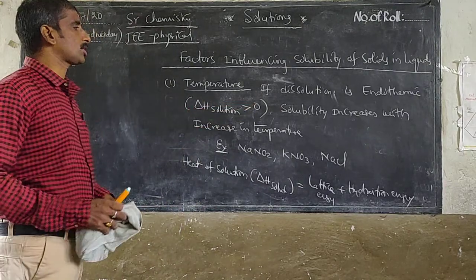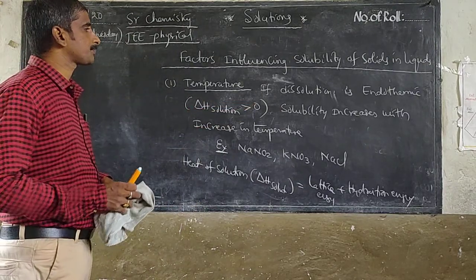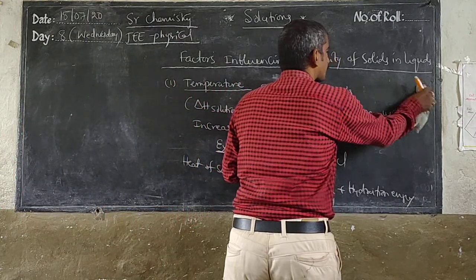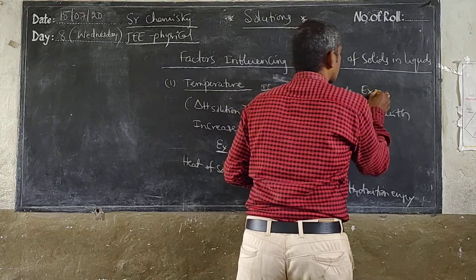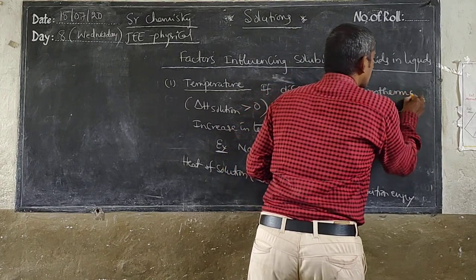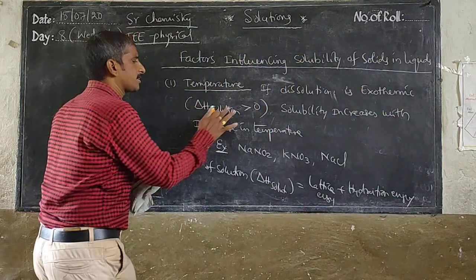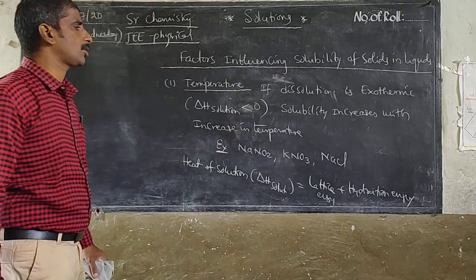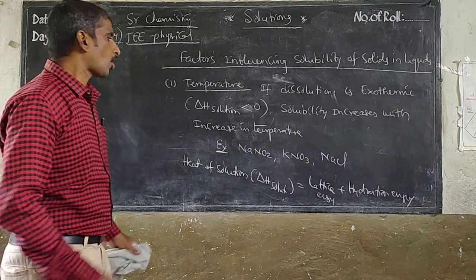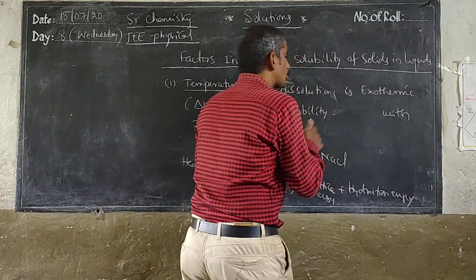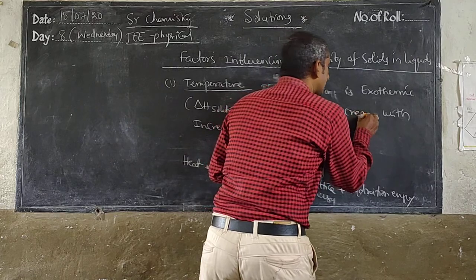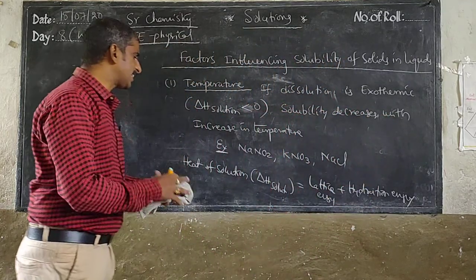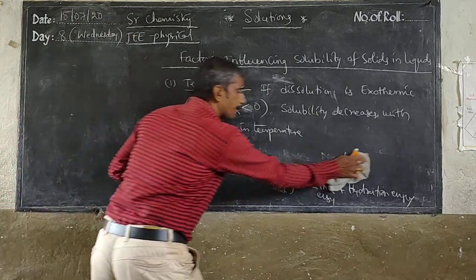That is the case if dissolution is endothermic. Second case, if the dissolution is exothermic, delta H, the heat of solution, is less than 0. Solubility decreases with increase in temperature.